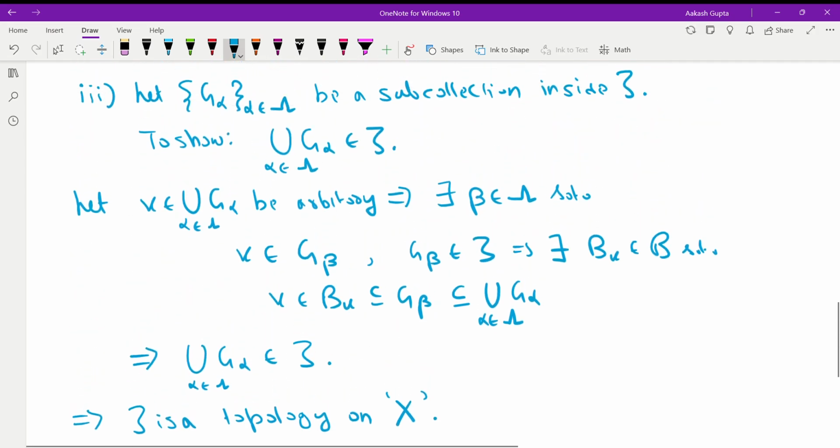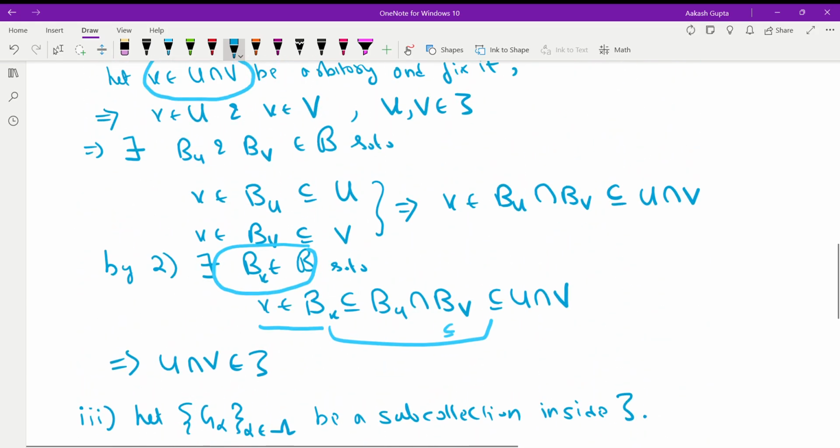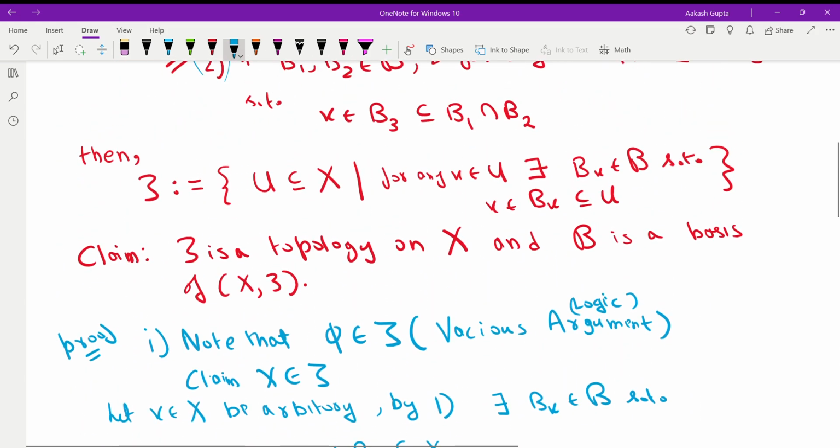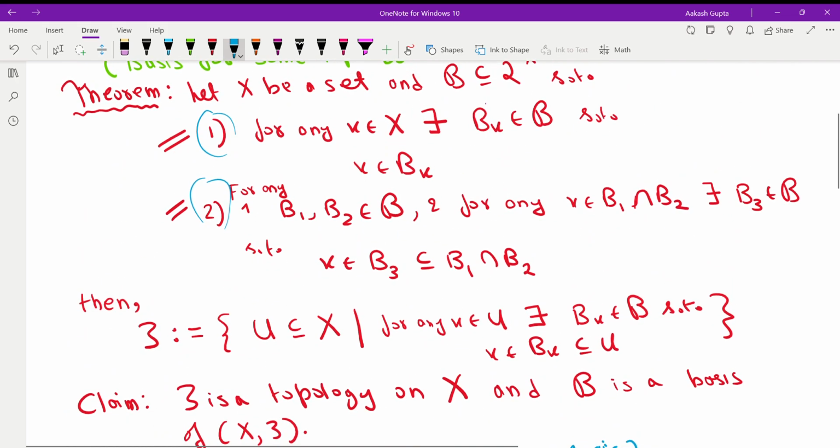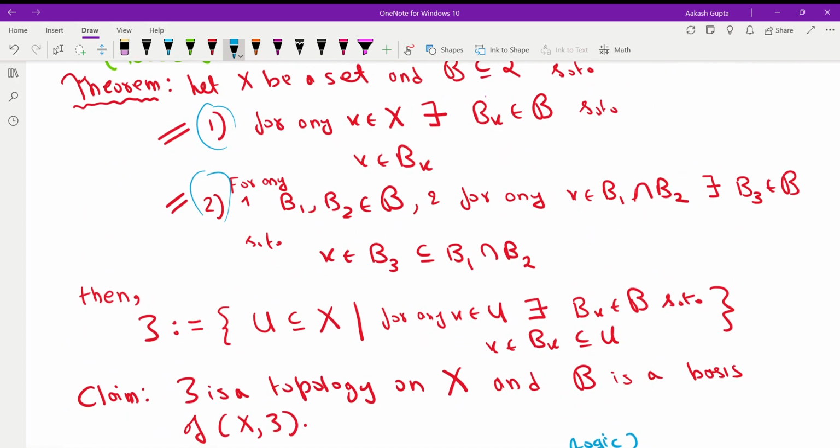If you don't remember, let me go a little bit up. Okay, good. We have proven that this is a topology, but we haven't shown what we have to show extra, that this script B is precisely a basis of this topology, what we have proved.